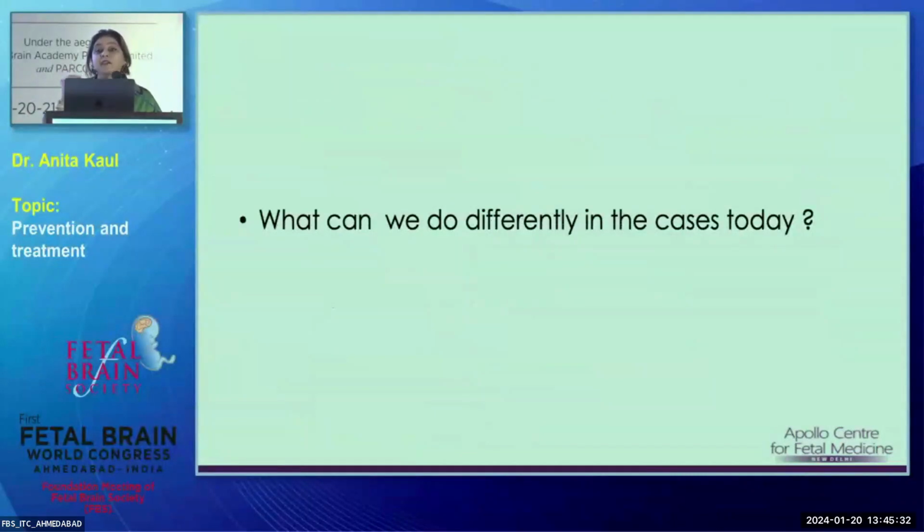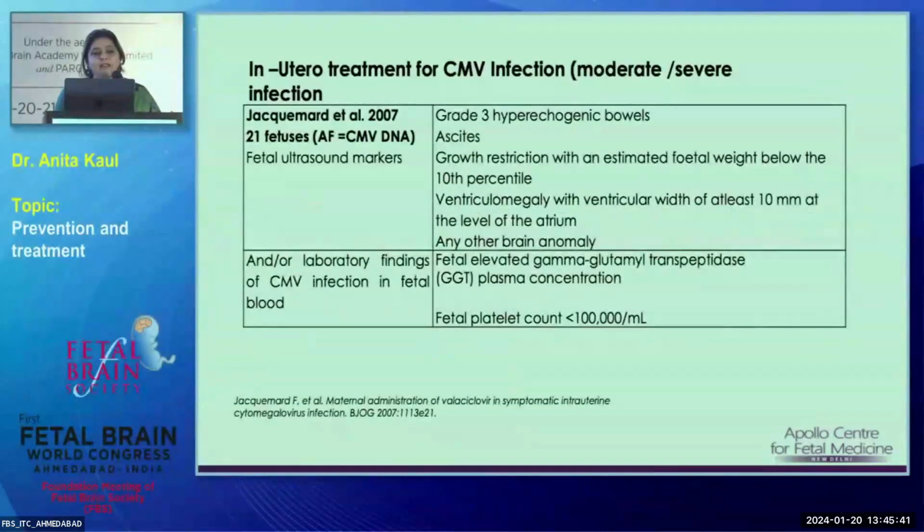But I regret the last case. I feel that we should have done things differently. And what are the things that we would do differently now? This started with the Beale group, in research done in France, where they found that there were some women who had a diagnosis of CMV infection but chose not to discontinue the pregnancy.